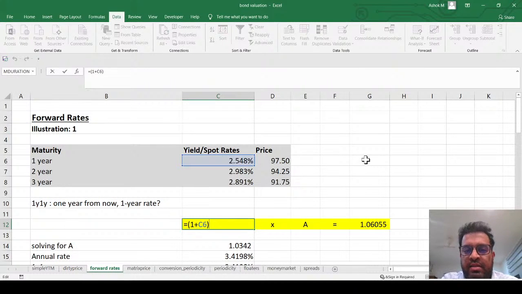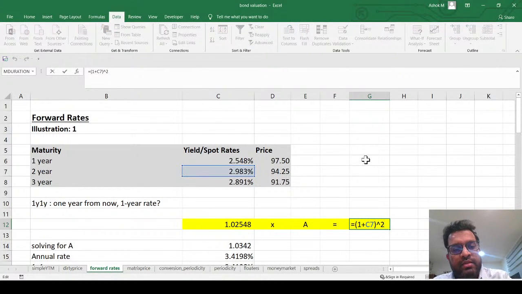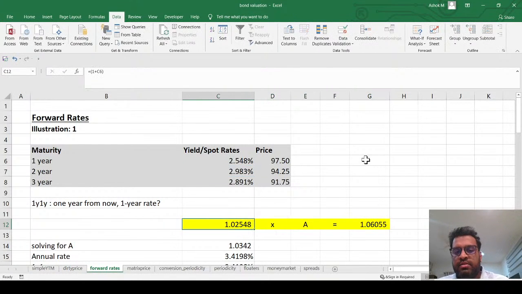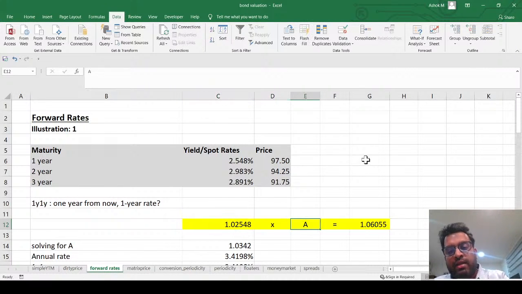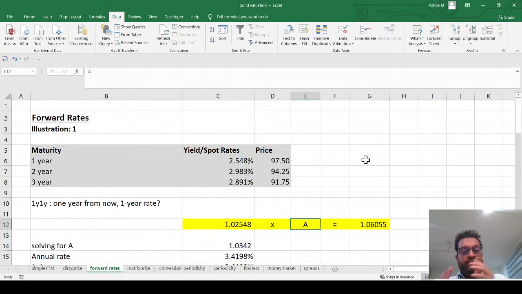So 1 plus this rate, multiplied by A, is equal to the spot rate compounded for 2 years. This is as good as saying I'll take 1 rupee, invest at 2.548%, which is available today, wait for 1 year and invest at the 1-year forward rate. In an arbitrage free market, I should get my 2-year spot rate. Will I get it or not is a different thing. The question is, we are calculating the break-even rate.